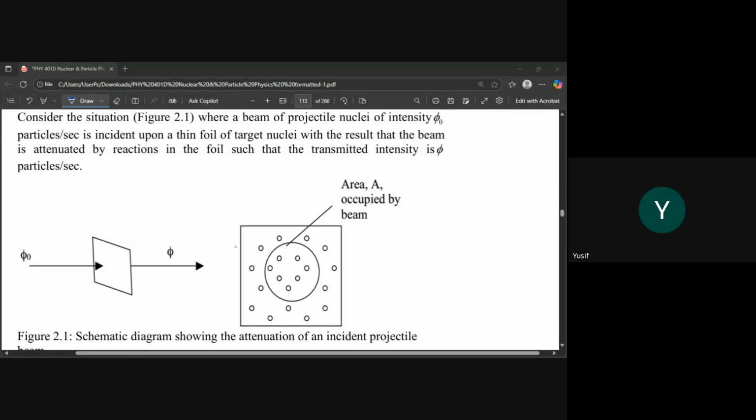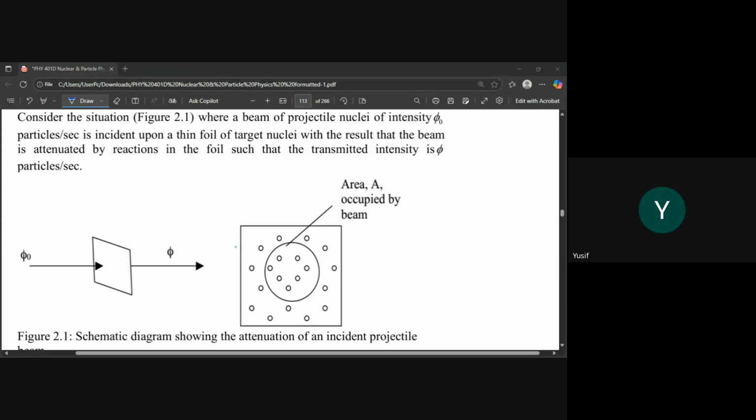Okay, so the closer you are, the smaller the cross-sectional area, but the higher the energy or the intensity that will be absorbed. But the further you are, the wider the cross-sectional area, but the lesser the energy. Okay, so at any point, what is the area of that beam? I hope you understand what I'm trying to say. Yes, sir. So that is all the cross-section is talking about.